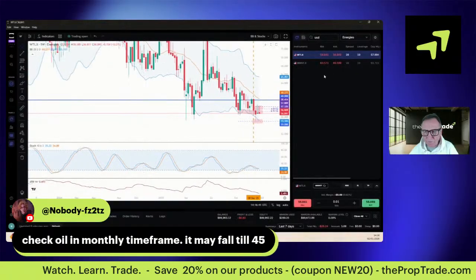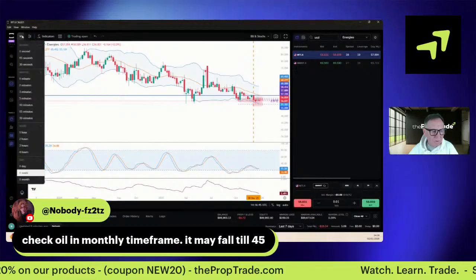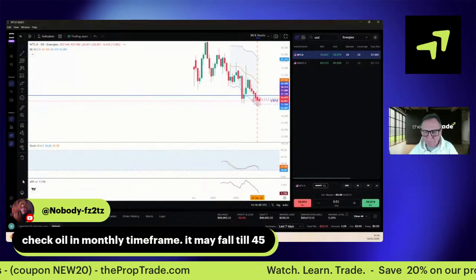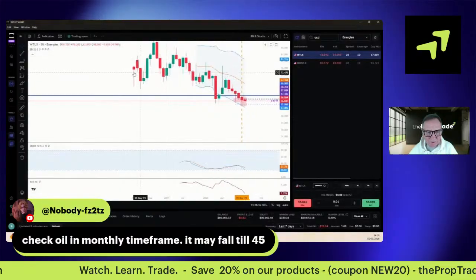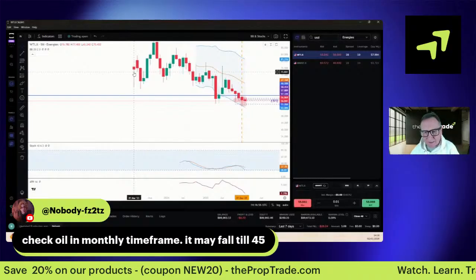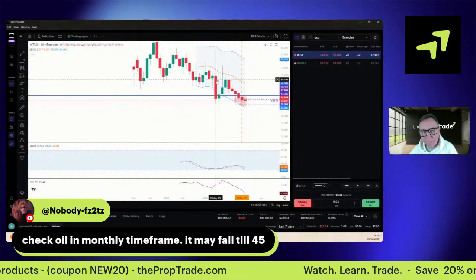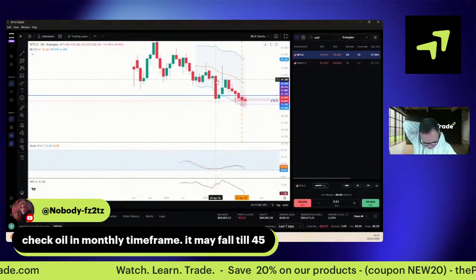But if we zoom this up like this, and go to the monthly, you can see very clearly, even though this chart for TradeLocker only goes back to March 2023, the monthly trend from that big sell-off in April last year.